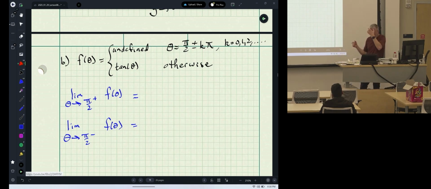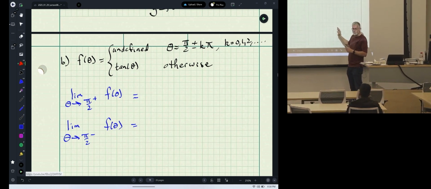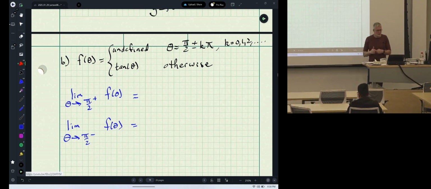So I'm approaching pi over 2 from the right. What is tangent of theta doing?